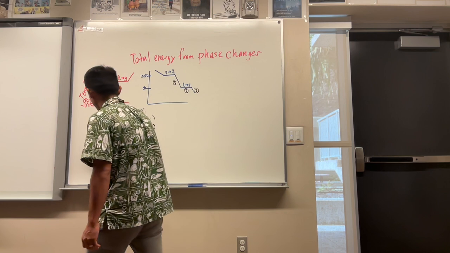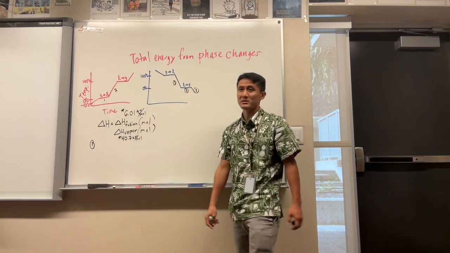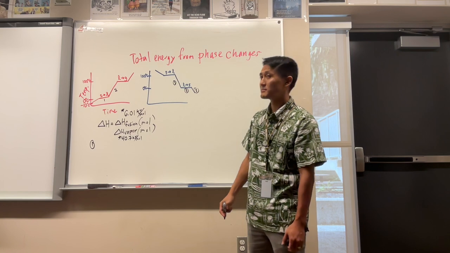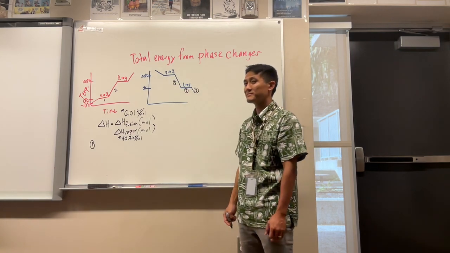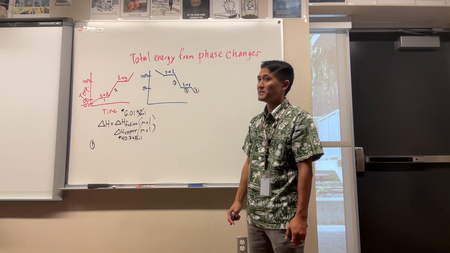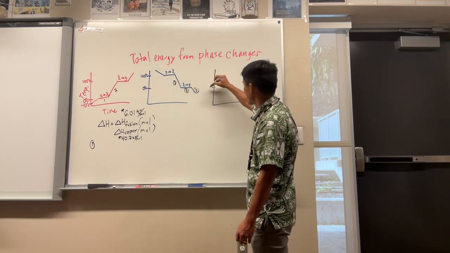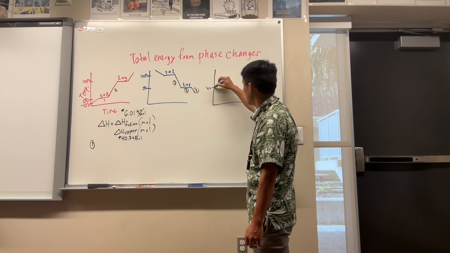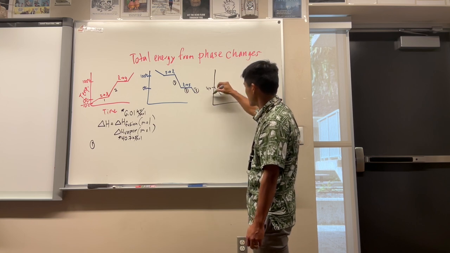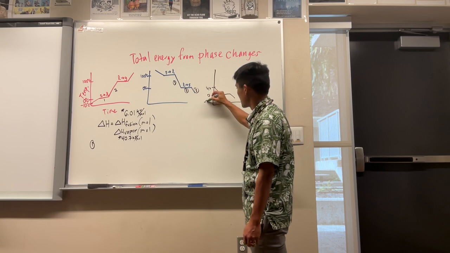So let's do step 1. Which equation do I use, delta H or Q equals MCAT? Is there a change in temperature? We're starting off at 40, then it drops down to 0, then further to negative 20.